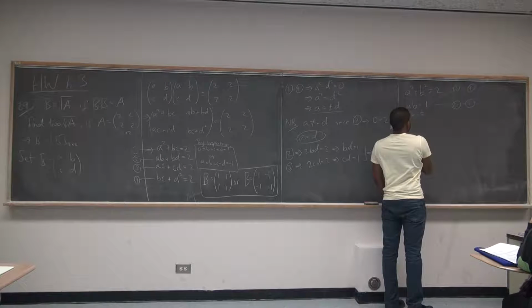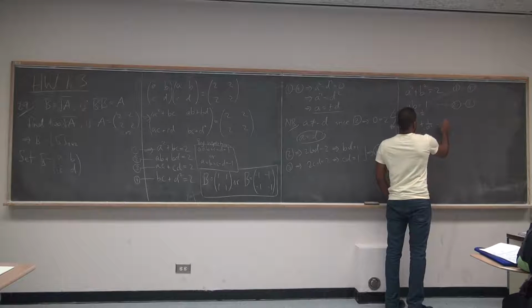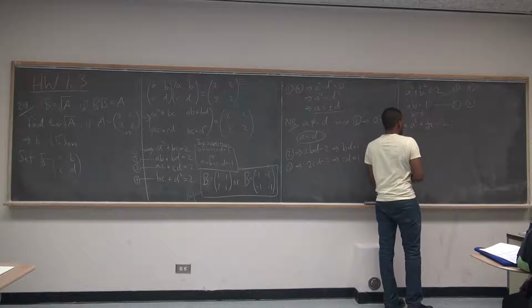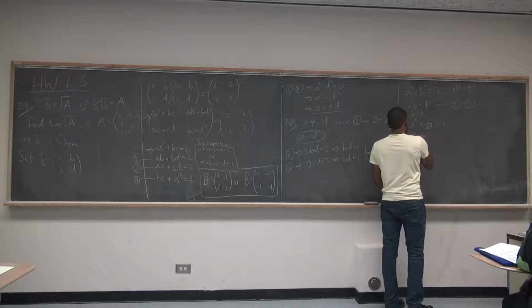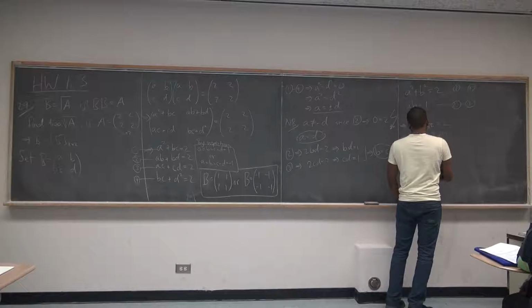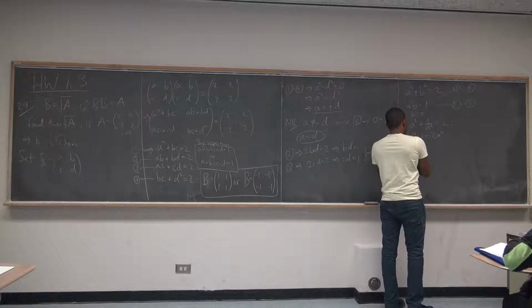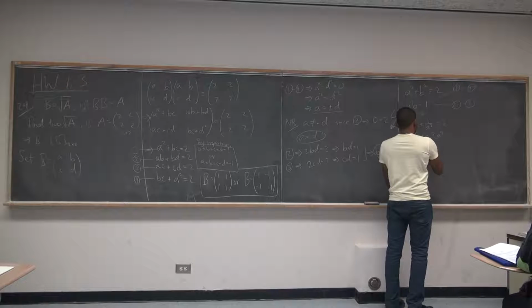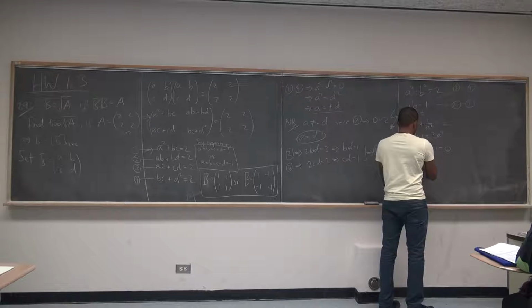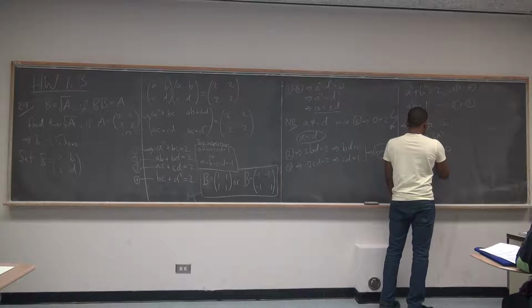So in this equation, I would get a squared plus 1 over a squared equals 2. Multiply both sides by a squared: a to the 4th plus 1 equals 2a squared. This would mean that a to the 4th minus 2a squared plus 1 equals 0, so a squared minus 1, squared, equals 0.